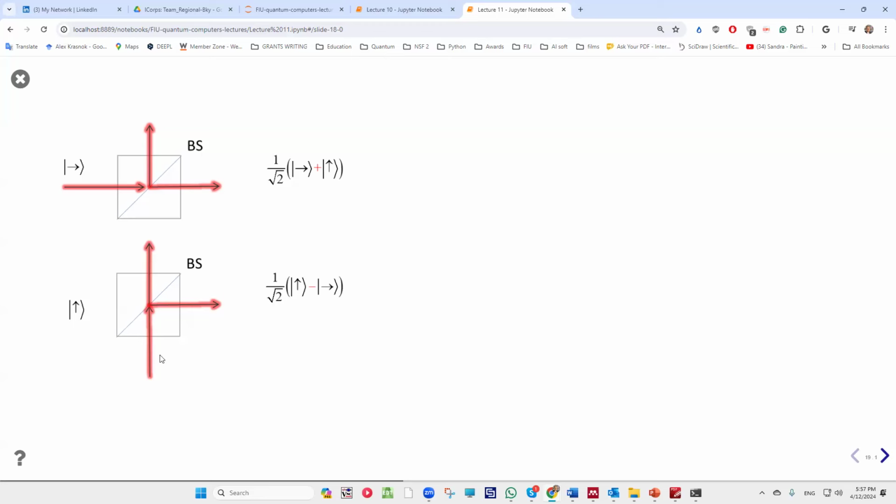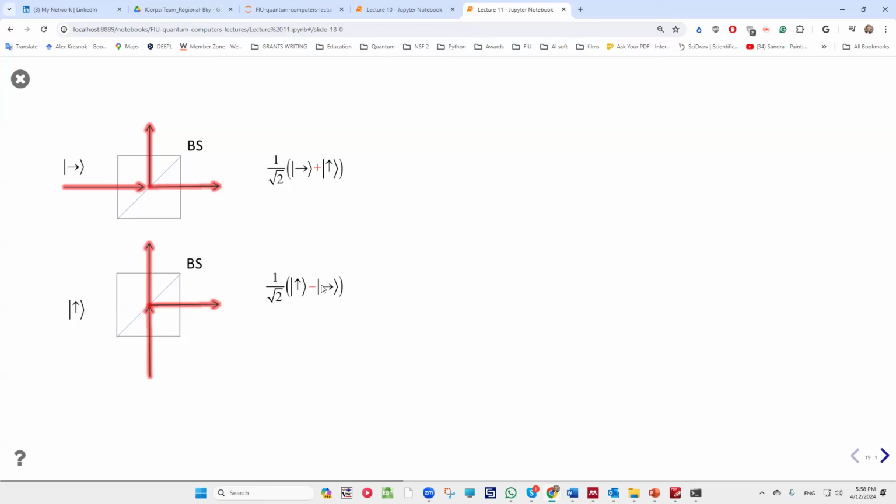If light comes from the opposite direction, from this in the horizontal way, again it creates the reflected and transmitted waves. The beam splitter will divide these two probabilities, right? So that's why the same coefficient here, but we get this minus between two elements instead of plus here.